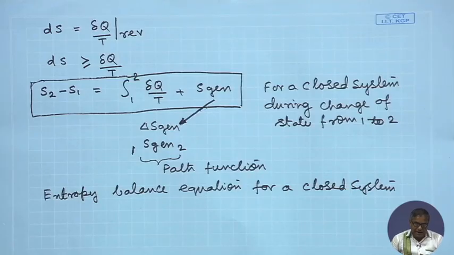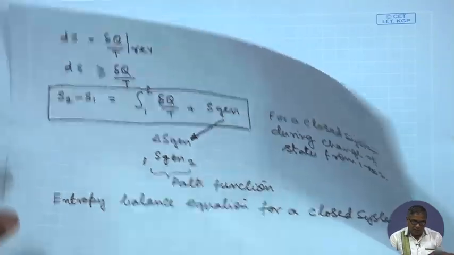One thing again I would like to stress: I have shown the integral of dq by T from 1 to 2. It indicates that there is only one heat transfer, but it is not so. There could be heat transfer from different parts of the system at different temperatures. So, when we proceed, it will be clear to us.